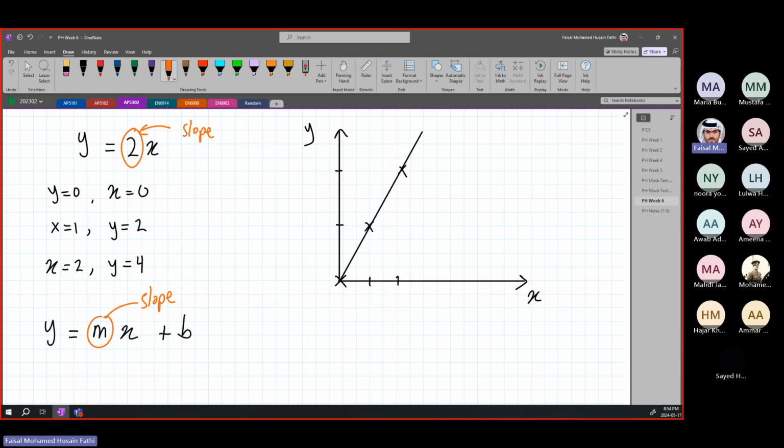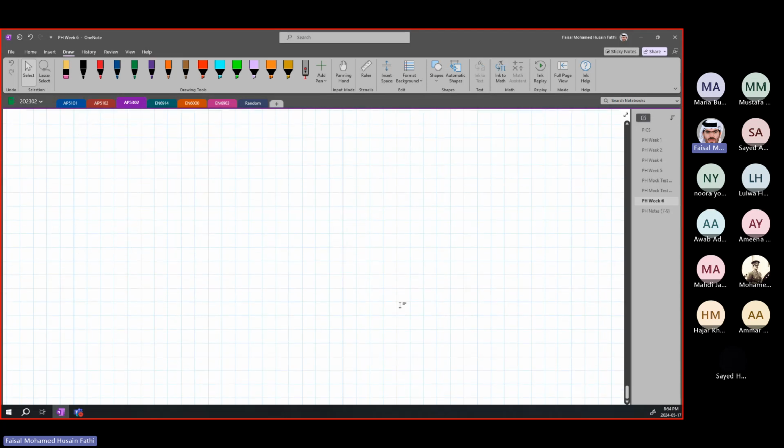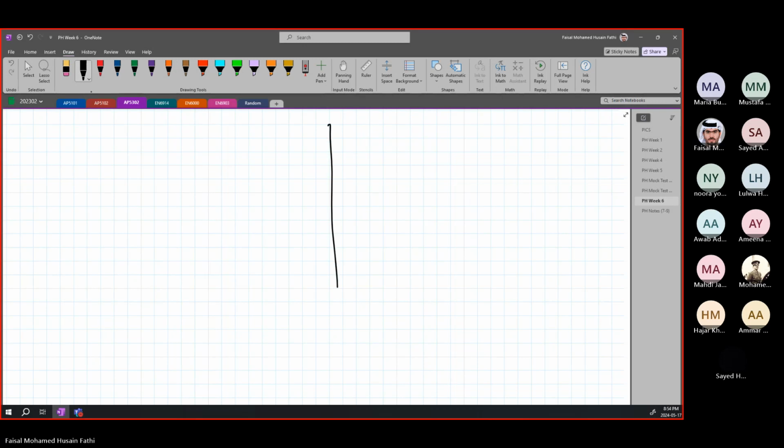So what if we wanted to put, instead of y and x, current and voltage? So let's draw a graph. And this is voltage, and this is current. This is in amperes, and this is in volts, right?